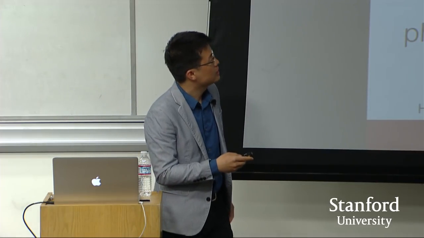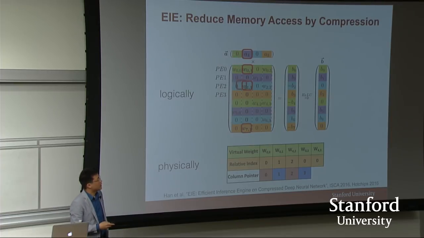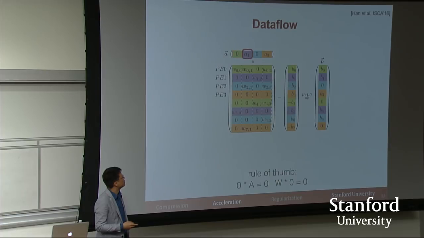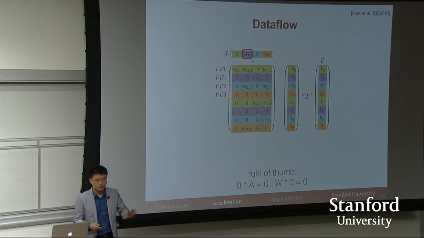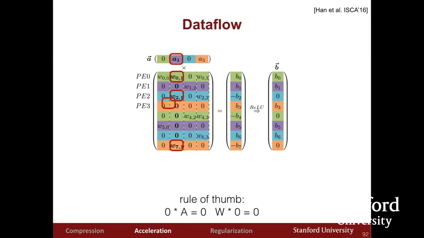In the computation, as this figure shows, we are running the multiplication only on non-zeros. If it's 0, then skip it. Only broadcast it to the non-zero weights. If it's non-zero, do the multiplication. In another cycle, do the multiplication. So the idea is anything multiplied by 0 is 0.